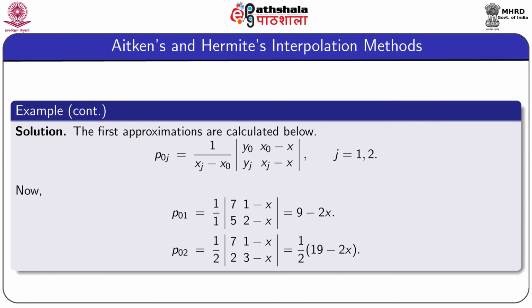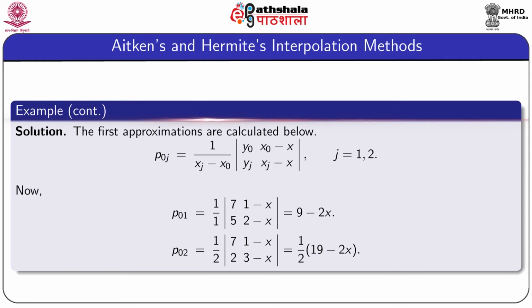In the first approximation, the formula is p 0 j equal to 1 by x j minus x 0, times a determinant whose first column is y 0, y j, and second column is x 0 minus x, x j minus x. This is true for j equal to 1 and 2. Now, for j equal to 1, the value of p 0 1 equal to 1 by 1, because x 1 minus x 0 is 1.